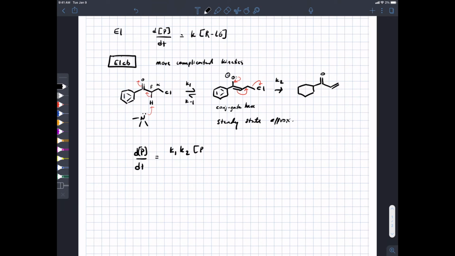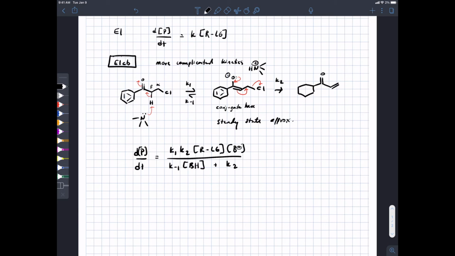K1 and K2 times the concentration of the leaving group times the concentration of your base divided by the reverse rate times the concentration of the conjugate acid of your base plus K2.